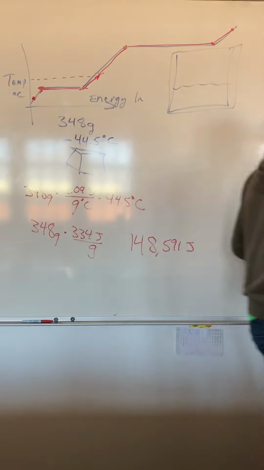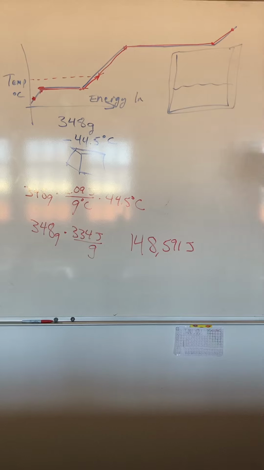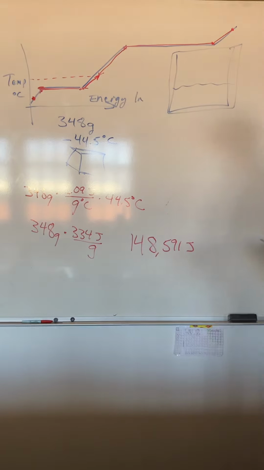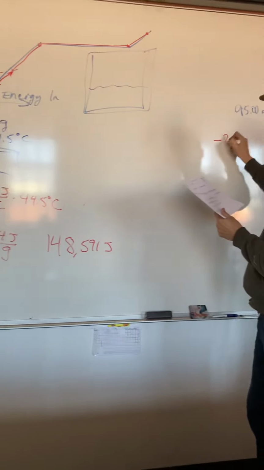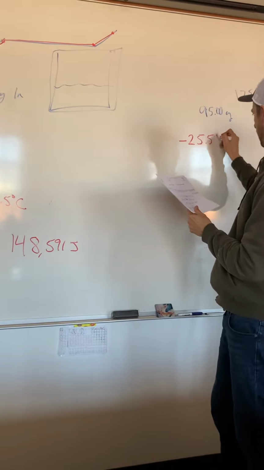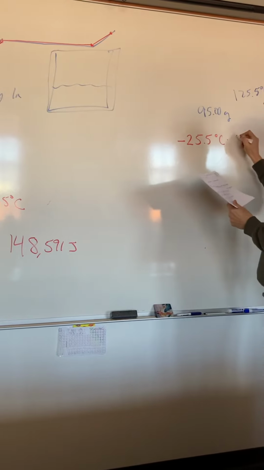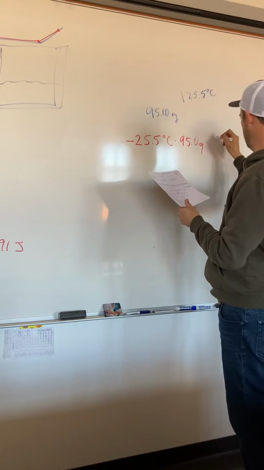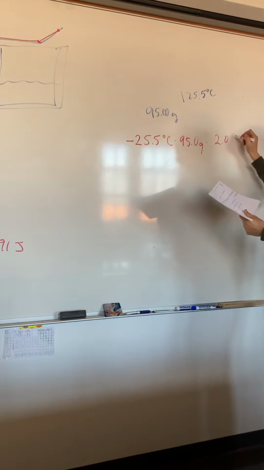Okay, what about over here? How much energy has to come out of the steam to get it from where it is down to being liquid water at 100 degrees Celsius? First we do the change in temperature, which is negative 25.5 degrees Celsius times 95.0 grams times the specific heat of steam.